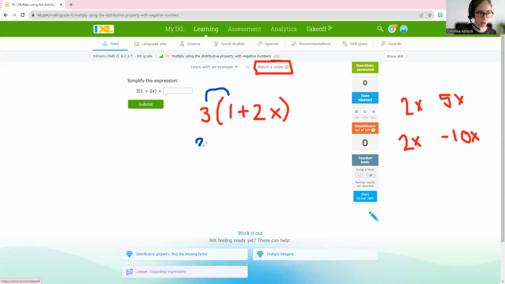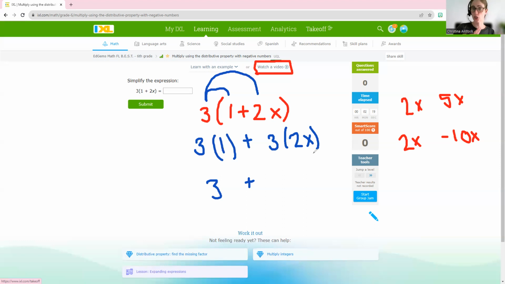So we can take 3 times 1, which would be 3, bring down your plus sign. And then we can also take 3 times 2x. And when you're multiplying, you're allowed to multiply one thing with the variable, one without. The combining only refers to adding and subtracting. So 3 times 2 would give us 6x.